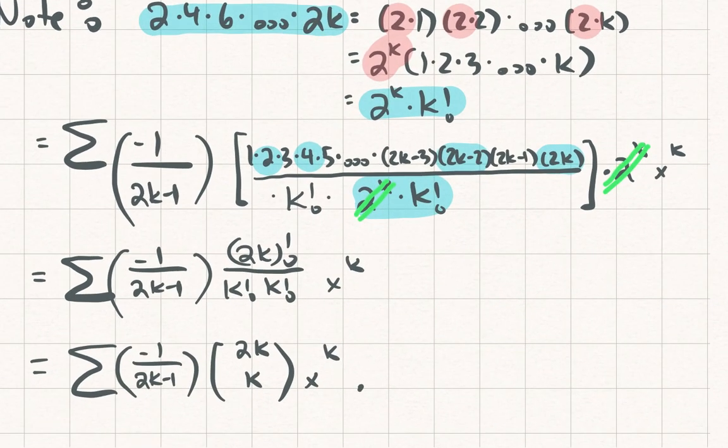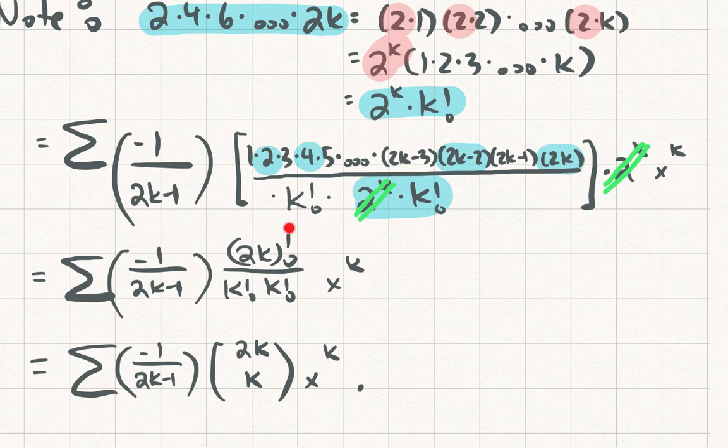And then, what do we have? Well, this is just all the numbers from 1 to 2k multiplied together. This is 2k factorial. And I have k factorial times k factorial in my denominator. And then I just have this x to the k left over.